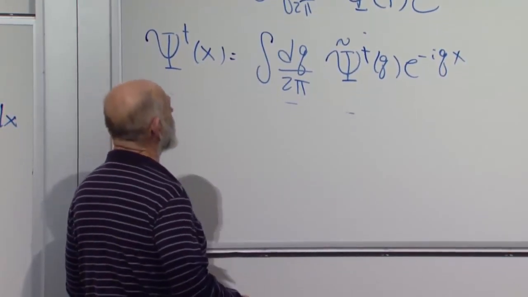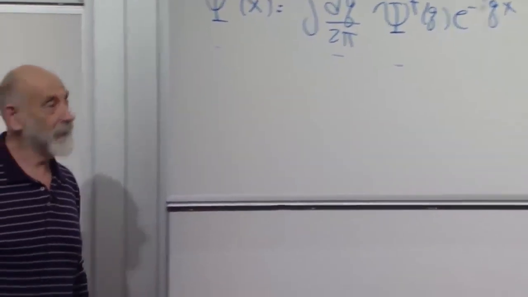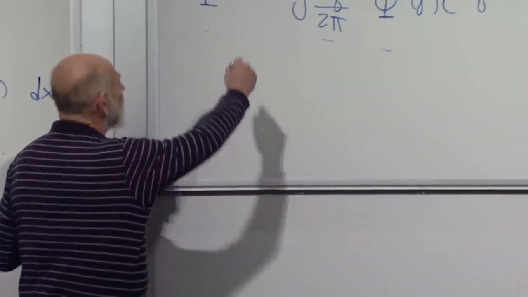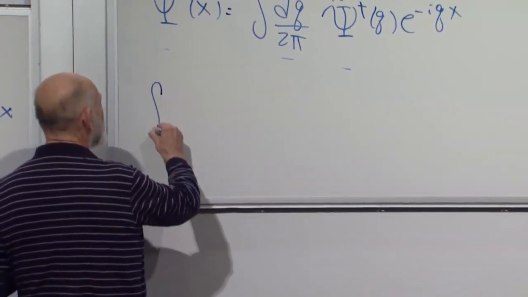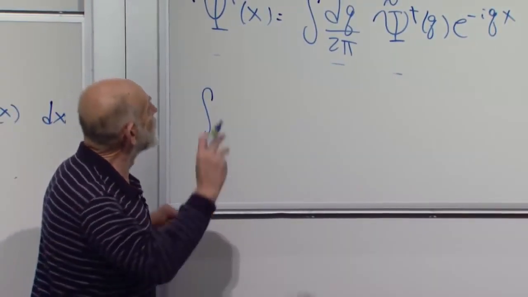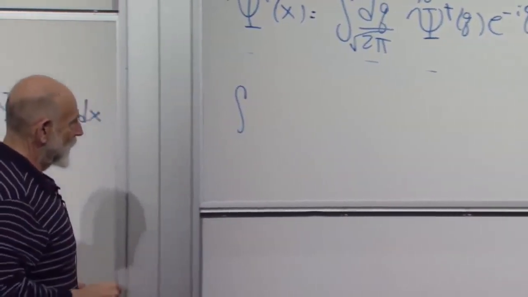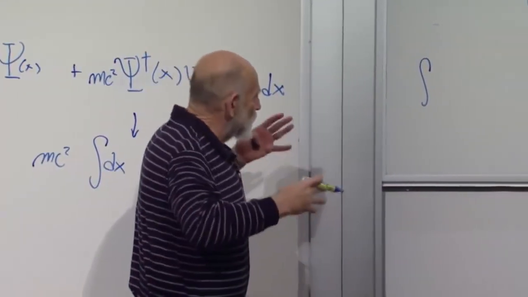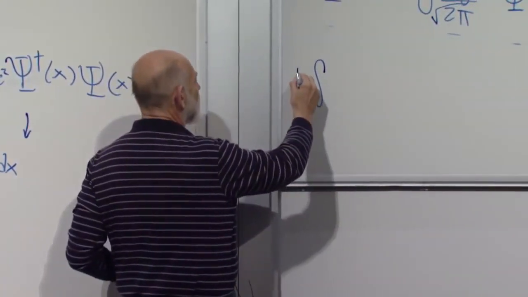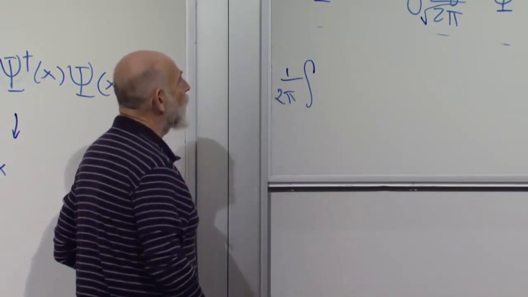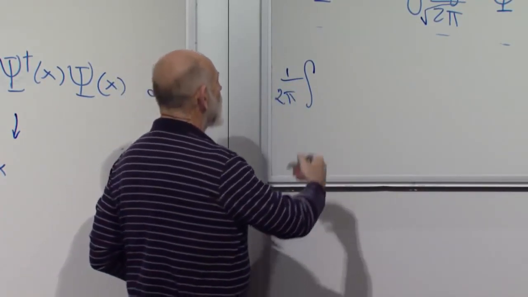This is sort of fun like going to the dentist, right? Okay, so we multiply the two of these together, and we get a double integral. First of all, 1 over 2 pi, 1 over 2 pi for each direction.